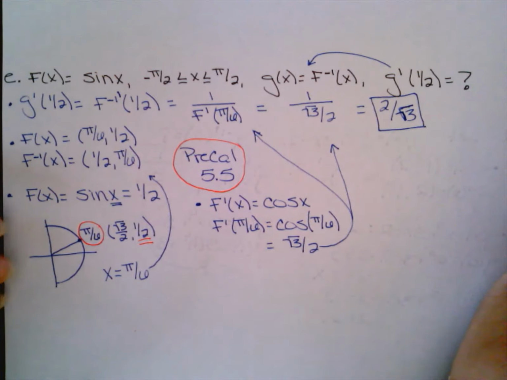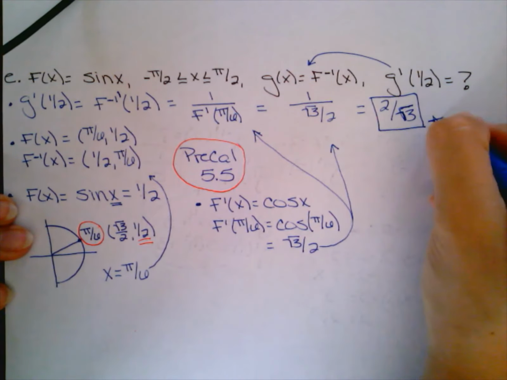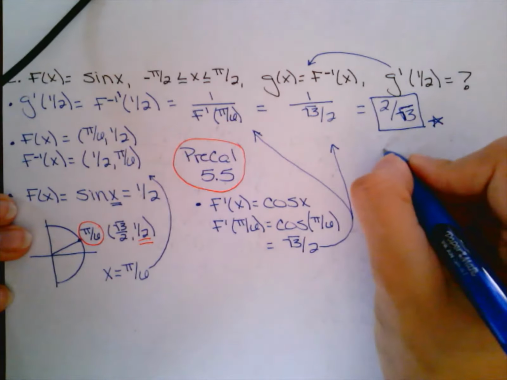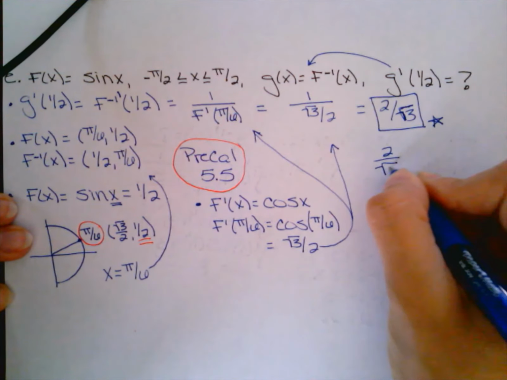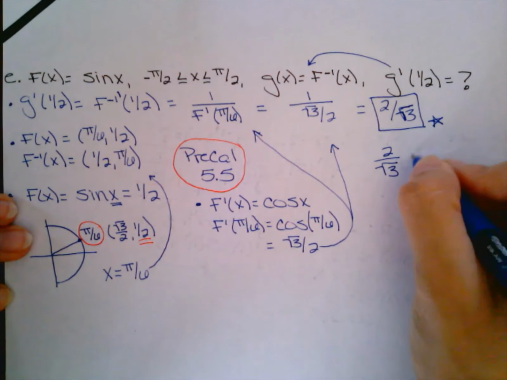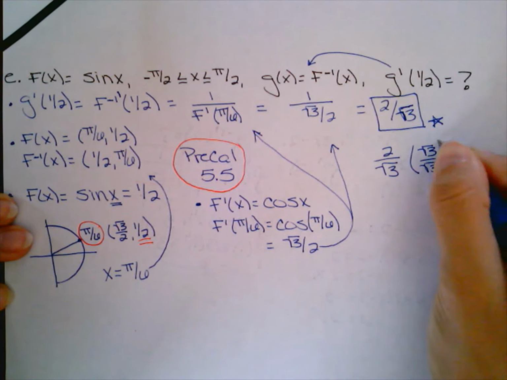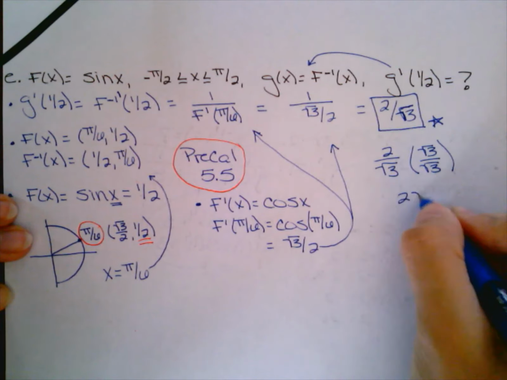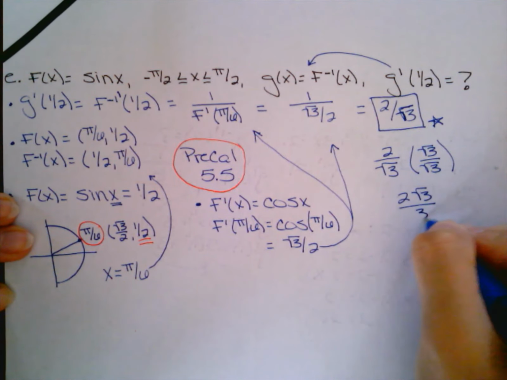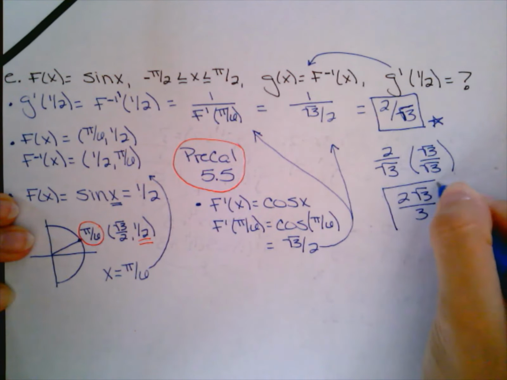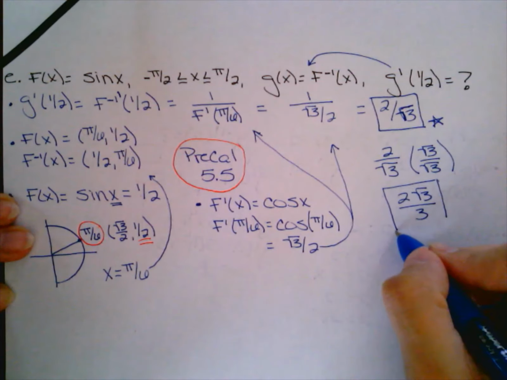Okay? So again, this is a perfectly good answer, but if you did need to rationalize 2 over square root of 3, I do that by taking the radical that's in the denominator, multiplying it top and bottom, and I'd get 2 radical 3 over 3. So we'll call this an OR answer, right? It could be this or this.